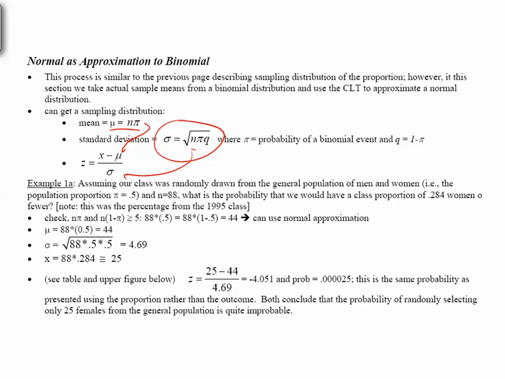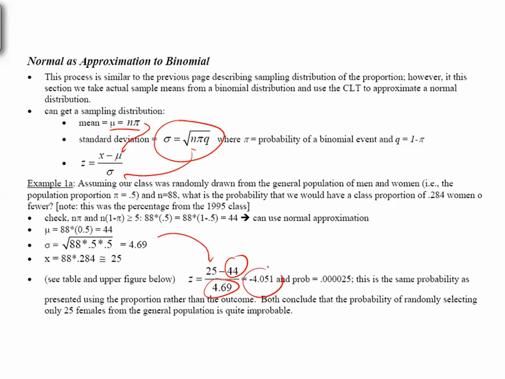And now we would say, okay, we expect 44 females in a sample of 88. Well, 28% of 88 is only 25 females. So we got 25, we expected 44, and the standard error, or standard deviation, of the binomial is 4.69.